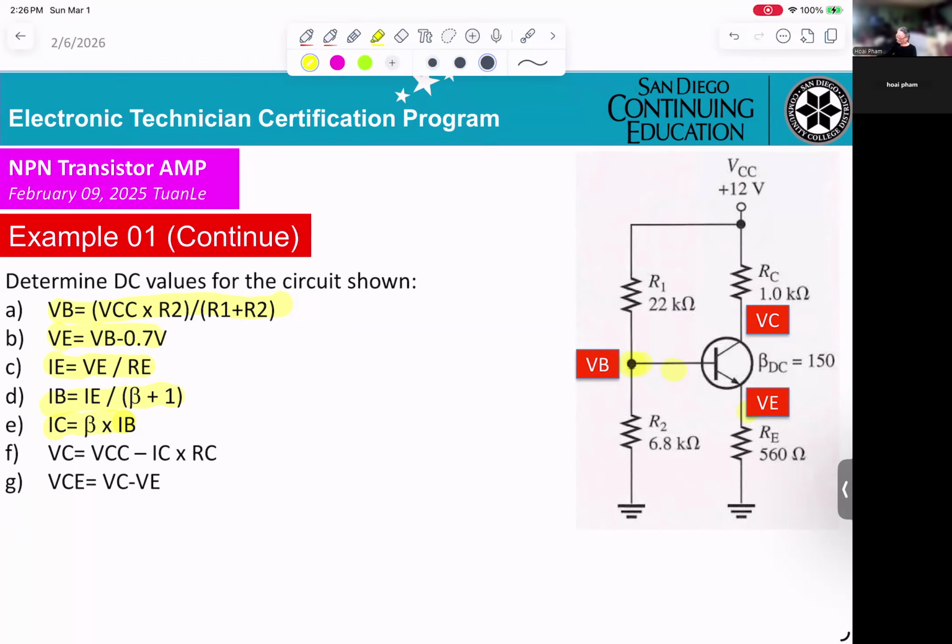Okay? And VC here. That's VC equals VCC minus IC times RC. Okay? Finally, VCE equals VC minus VE. That is all of the DC calculation needed.